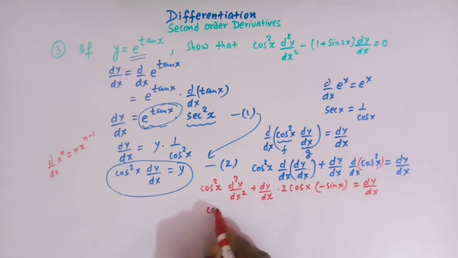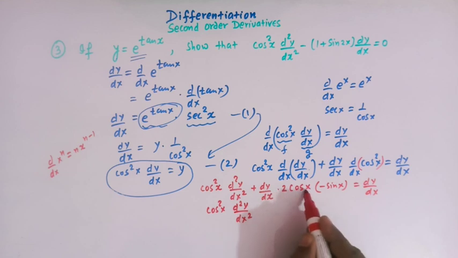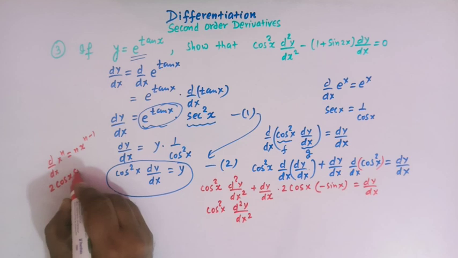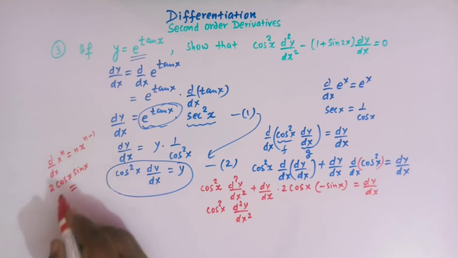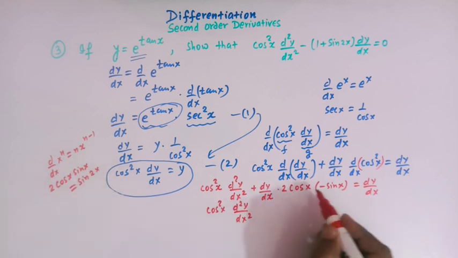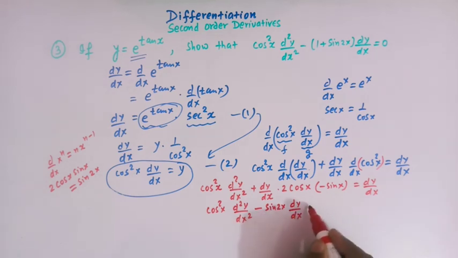So now we can write cos²x d²y/dx², and here we have 2 cos x sin x, right? And from trigonometry we know that 2 cos x sin x is simply sin 2x. So here we have the negative sign, which we can take here, and we have sin 2x dy/dx, and here we have this dy/dx, right?